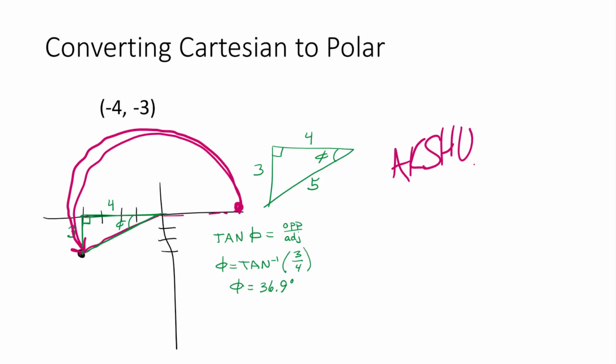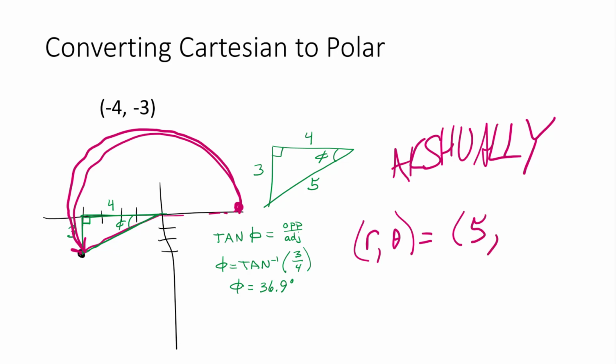The r, theta for this is it goes out 5 and it goes around 217. So 217. So hopefully that gives you enough to get a basic idea of what we're doing.